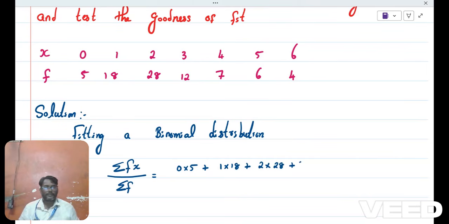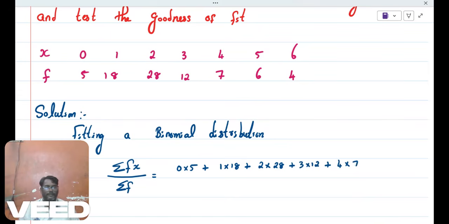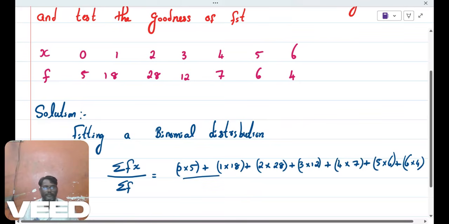plus 3 into 12 plus 4 into 7 plus 5 into 6 plus 6 into 4, divided by sigma f.